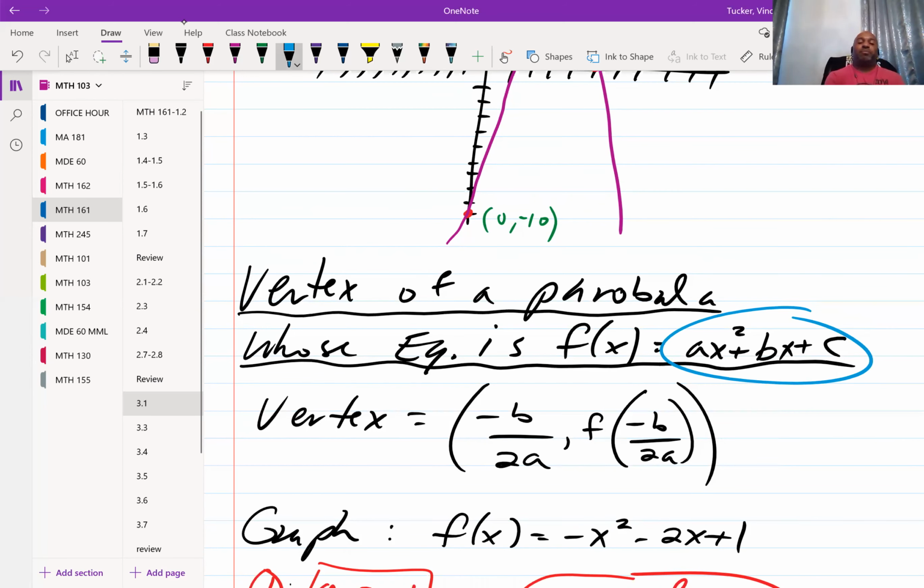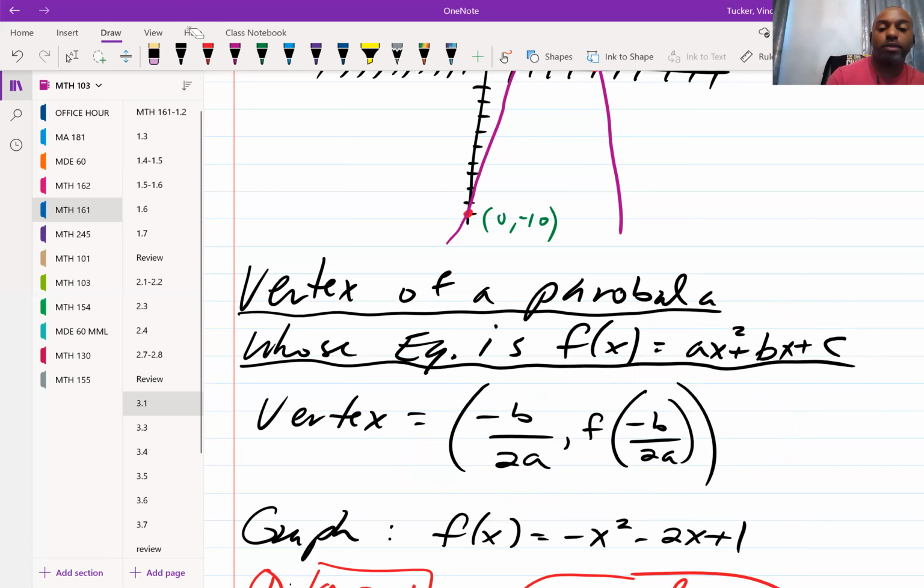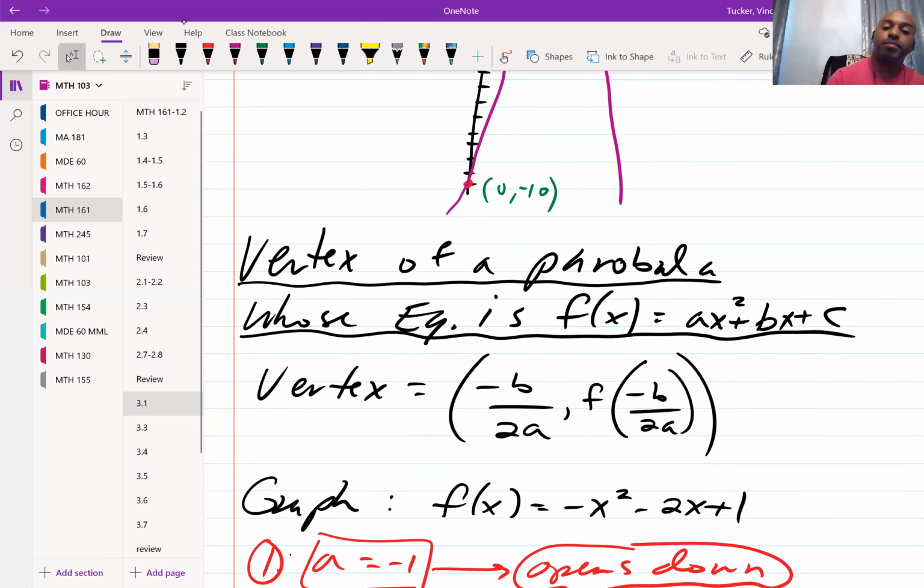So what we would do: a is sitting in front of x squared, b is sitting in front of x, and then c is the constant term that is not attached to a variable at all. I can find the vertex by doing -b over 2a, and then take that and plug it into the function, and that would be my y component for my vertex. In other words, k.